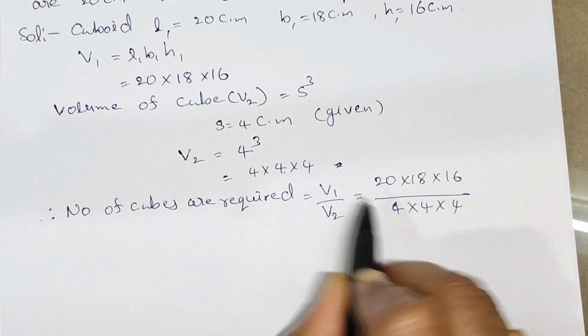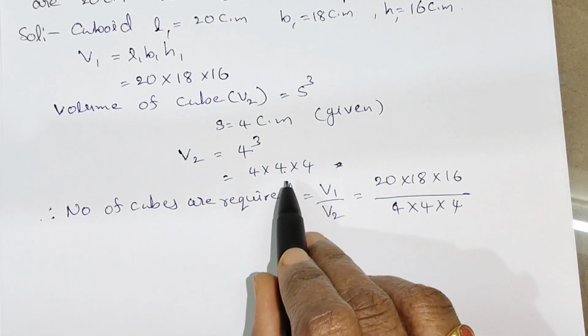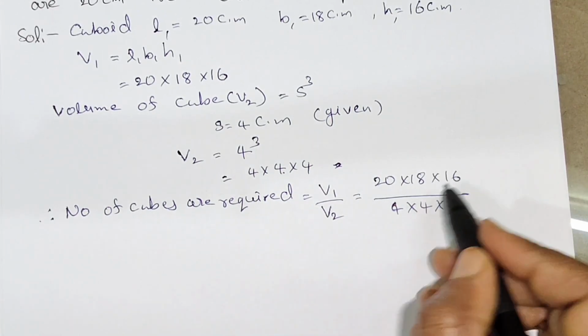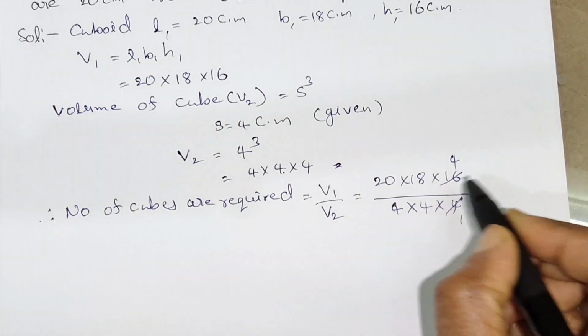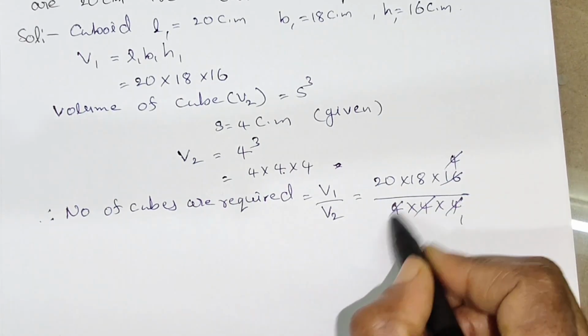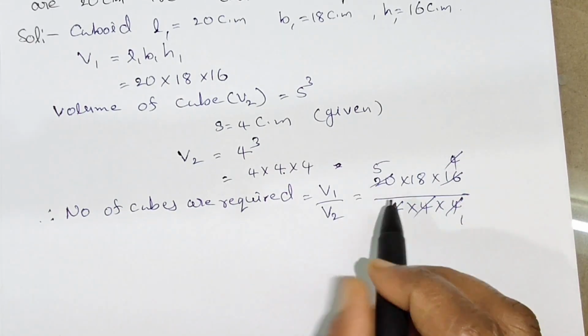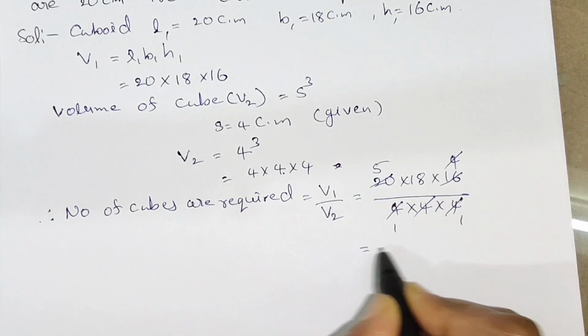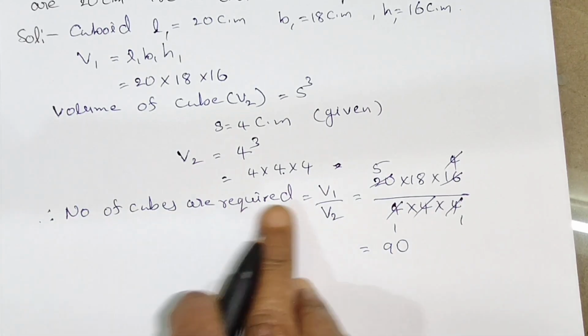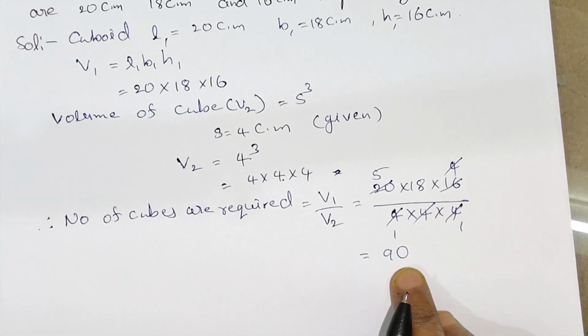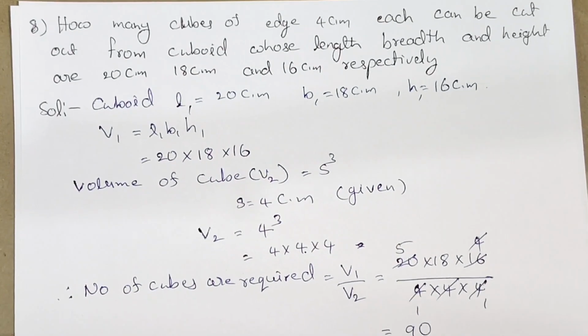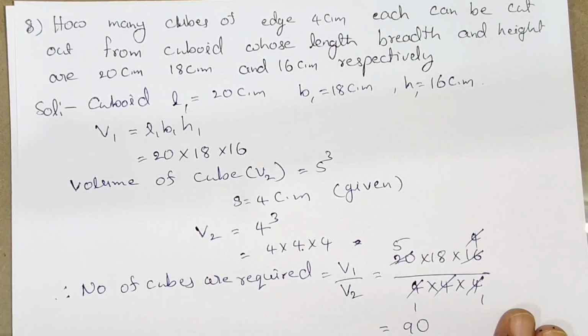Now we cancel these numbers. 4 ones are 4, 4 fours are 16, cancelled. 1 4 is there. 4 ones are 4, 4 5s are 20. So now 18 into 5 is 90. So the number of cubes required is 90. This is the complete answer to the 8th question.